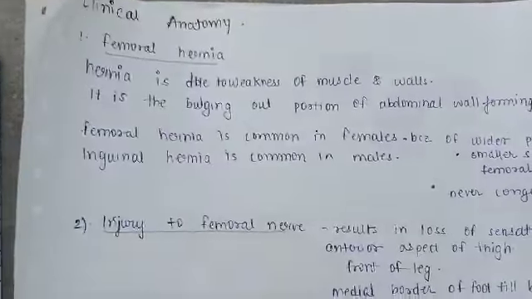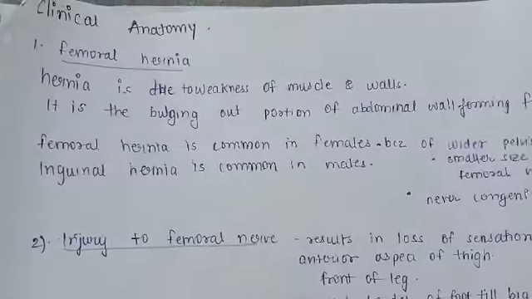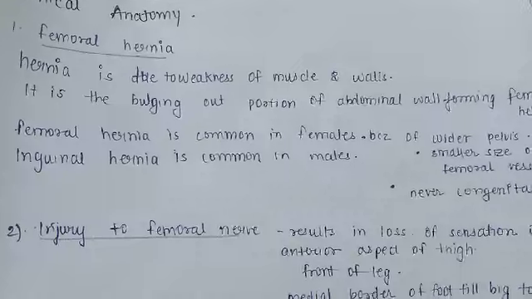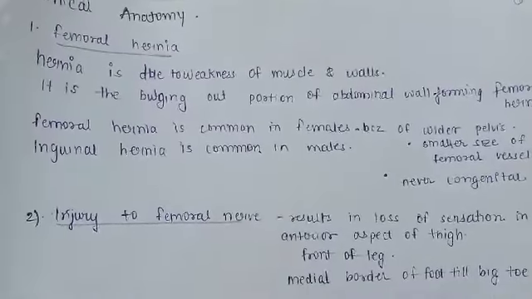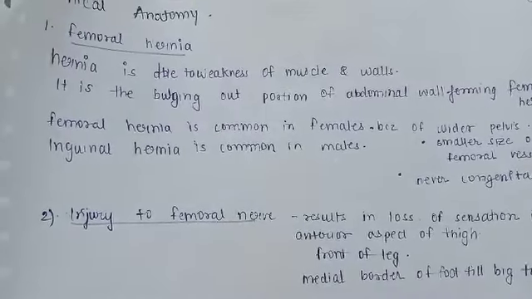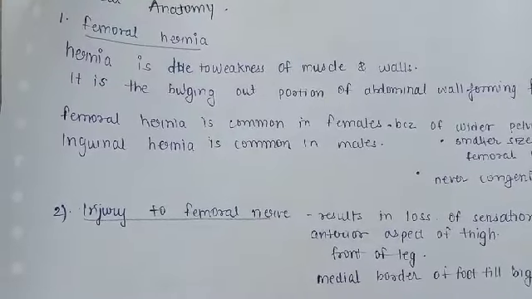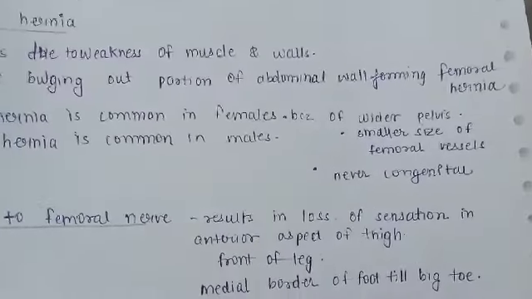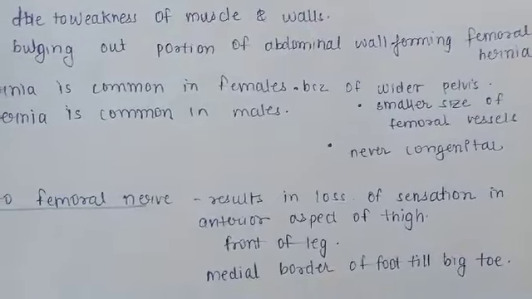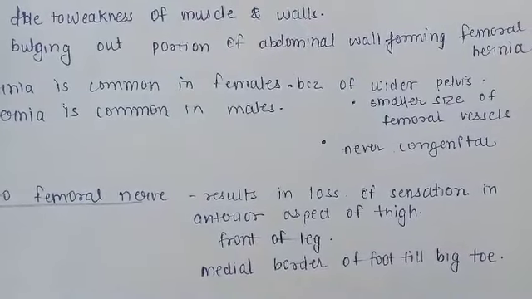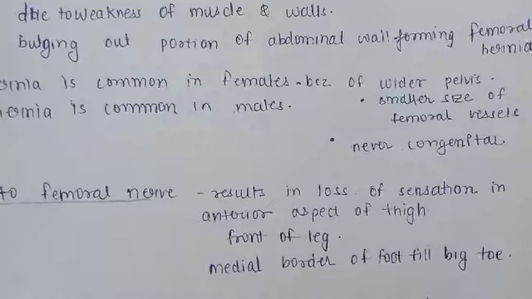Here, if the femoral wall is weakened, then it bulges out, and that is known as the femoral hernia. Femoral hernia is common in females, whereas inguinal hernia is common in males. Femoral hernia occurs because of the wider pelvis and the smaller size of the femoral vessels, whereas it is not congenital.